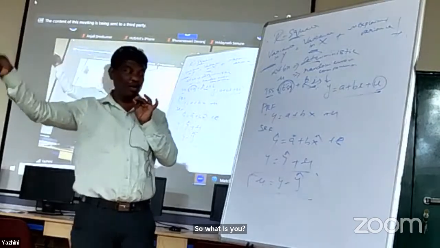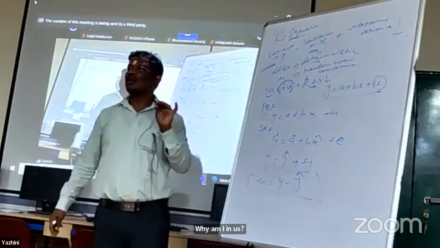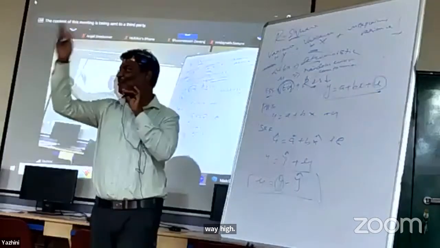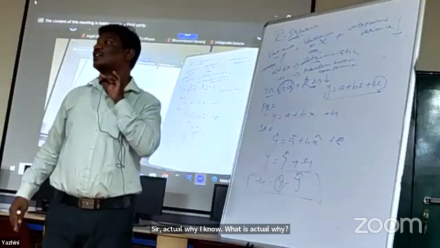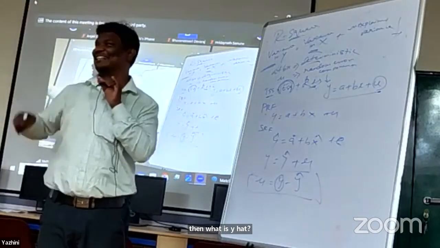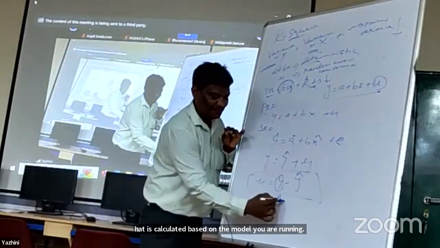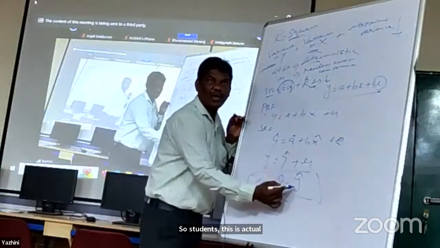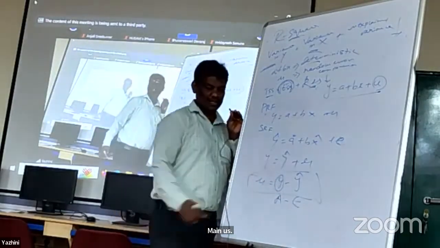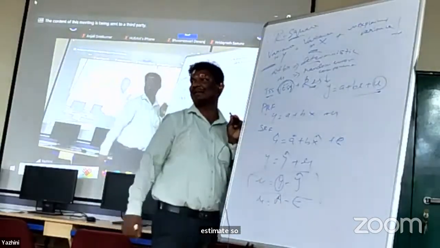The residual is equal to y minus y hat. Sir, actual y I know. What is actual y? Actual y is the data that you give to the software. Then what is y hat? Y hat is calculated based on the model you are running. So actual minus estimate is nothing but your residual.